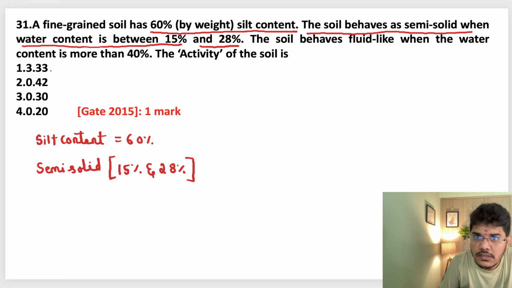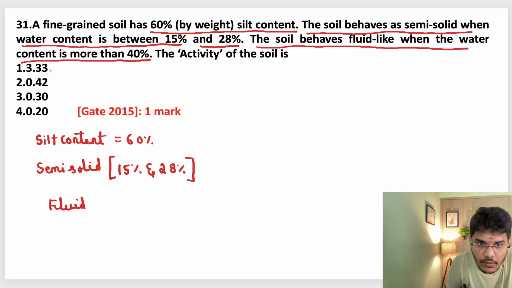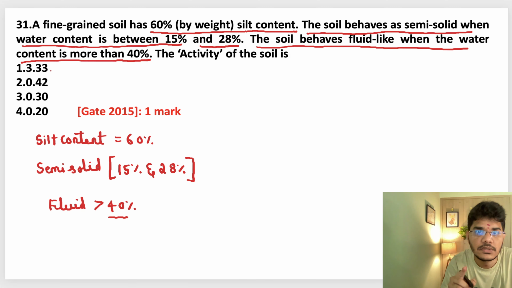And he has also given that the soil behaves fluid-like when the water content is more than 40%. So it behaves as a fluid when water content is more than 40%.